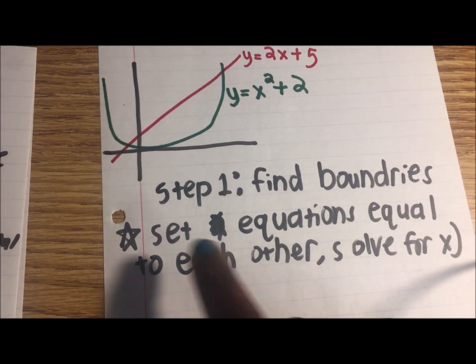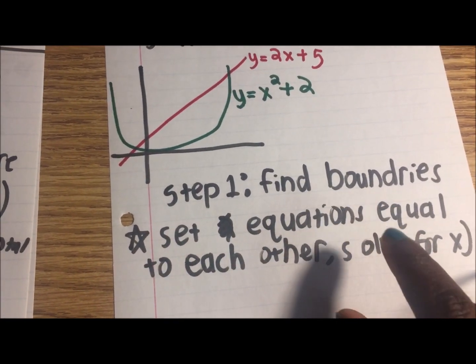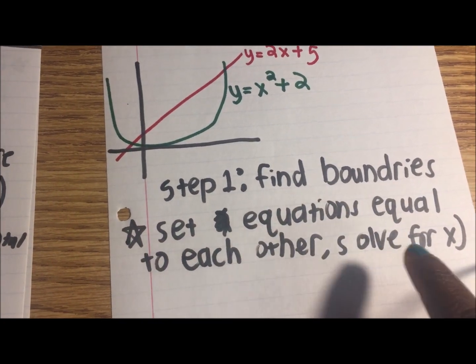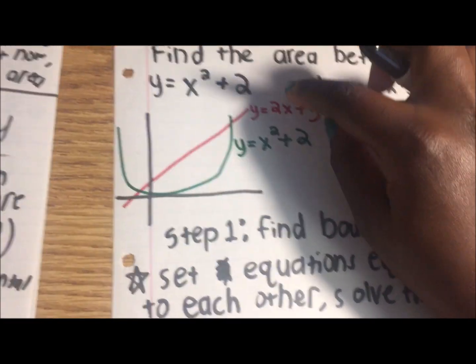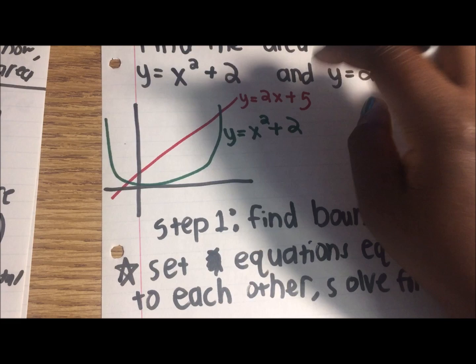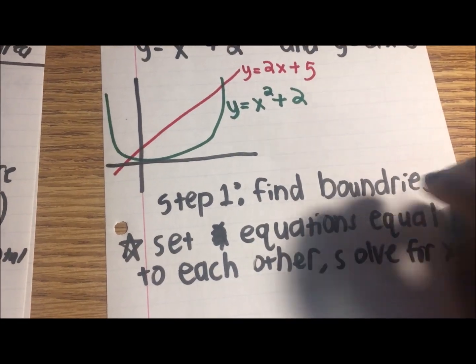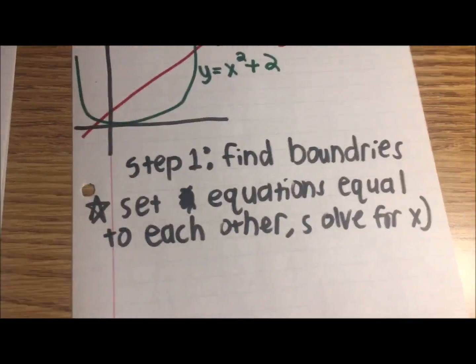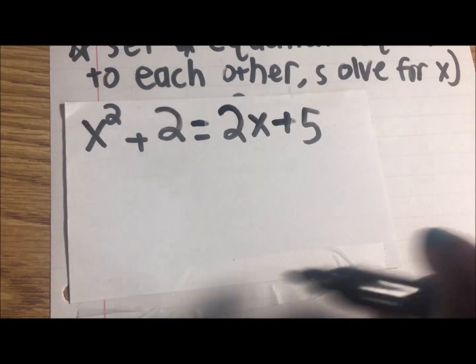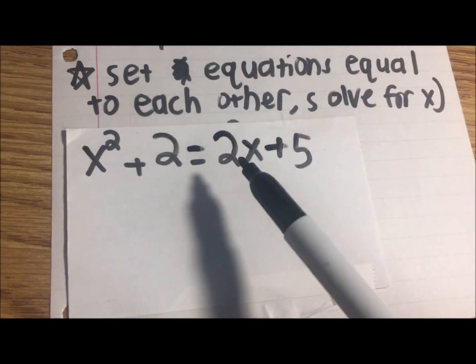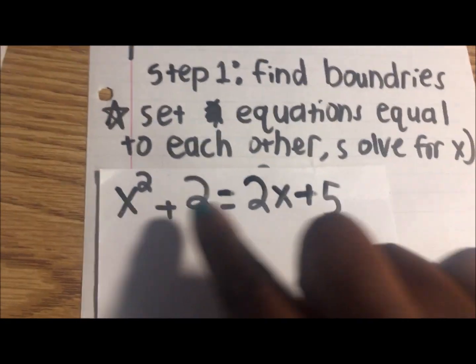In order to find the boundaries, you set the equations equal to each other, and then you solve for x. These are the two equations. So x squared plus 2 equals 2x plus 5, and then we're going to solve for x here.